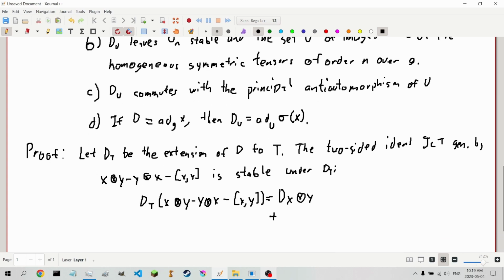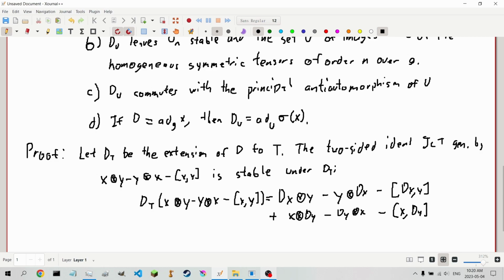So X tensor the derivation of Y minus Y tensor the derivation of X, minus derivation of Y tensor X, minus the bracket of dx and Y, minus X dy.